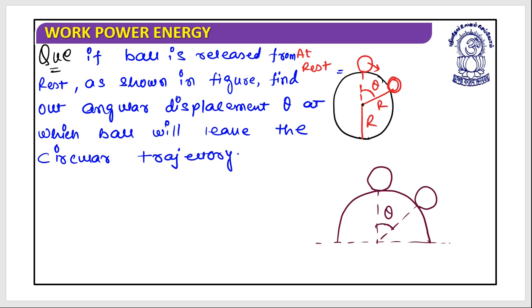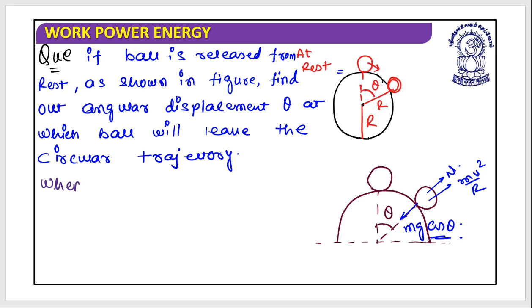Now what all forces are acting? Initially the normal was acting over here. Yes, mv square by r again over here, and now I understand that this is mg cos theta over here. I hope this is clear. Yes, one more thing.